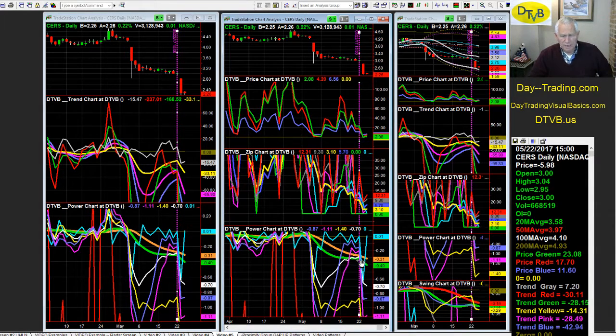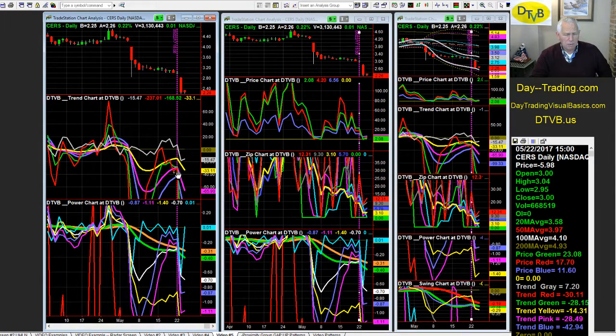Or you think of a triple bottom that goes up. And in this, it isn't until we get over here to the trend chart that we see that the power or trend red is in an uptouch on the pink, and 3 of them are real close together: green, pink, and red.